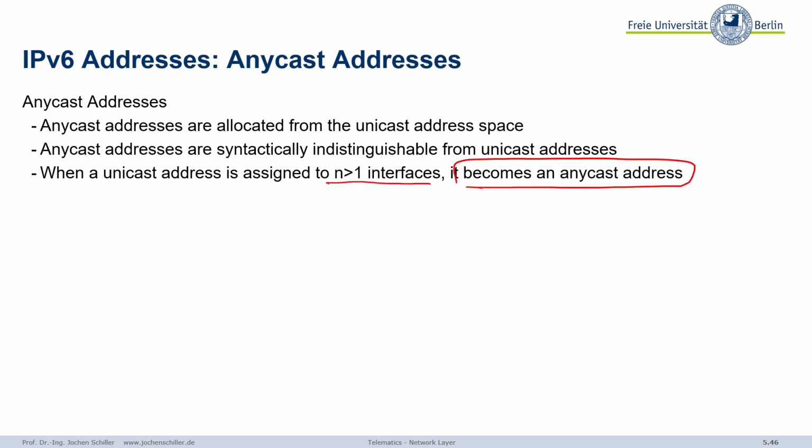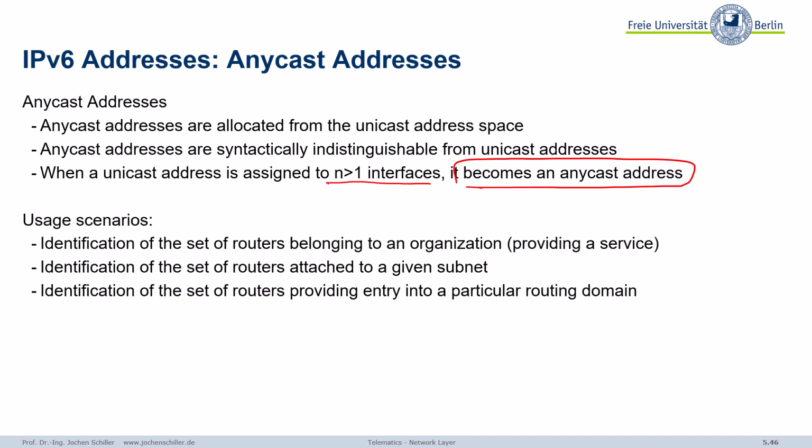So why do we need Anycast? That has to do with routers. For router identification, if you want to see which routers are attached to a subnet, or routers giving entry to routing domains, we'll come back to this. Anycast basically means you do not send something to all computers having a certain address, but to one end system out of a group of these computers.